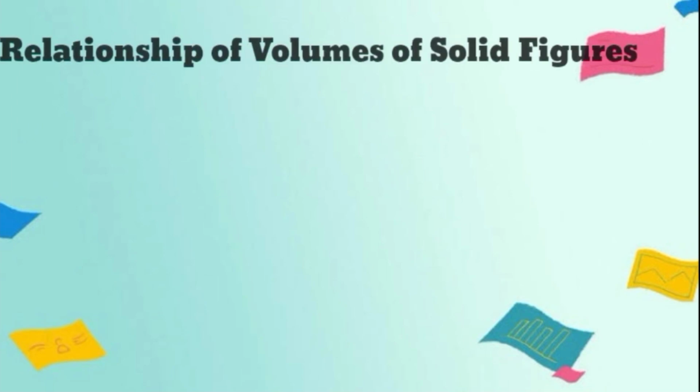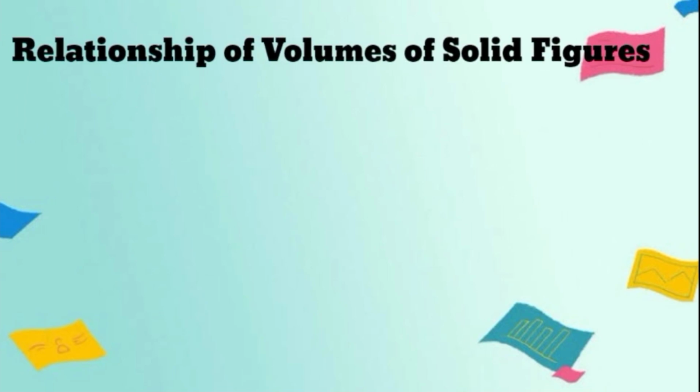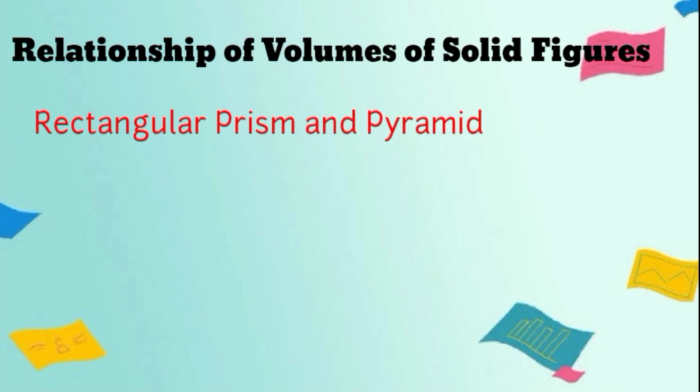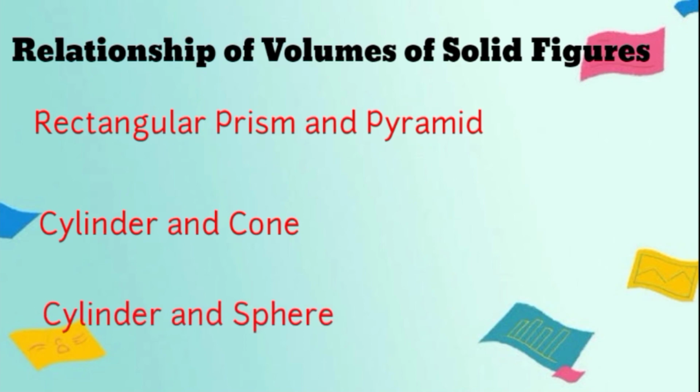Now, there you have it. I am just showing to you the relationship of volumes of solid figures: the relationship of rectangular prism and pyramid, cylinder and cone, and cylinder and sphere.